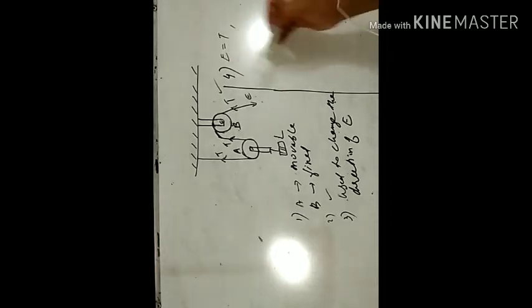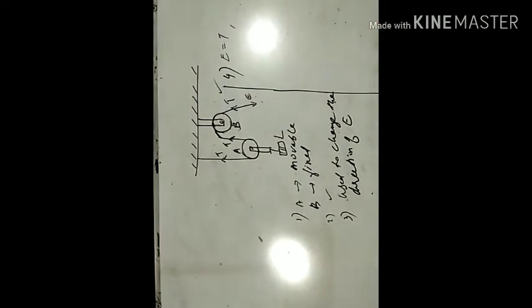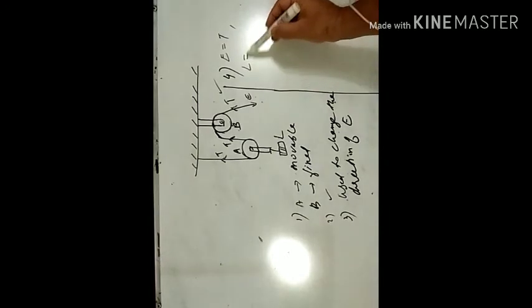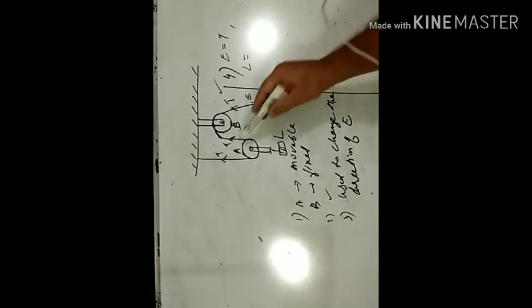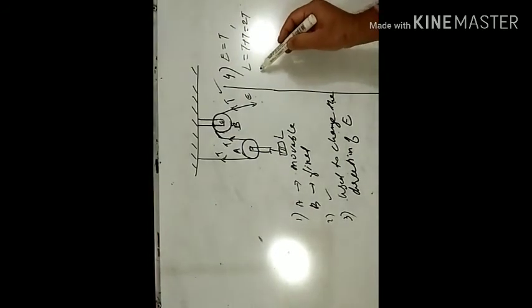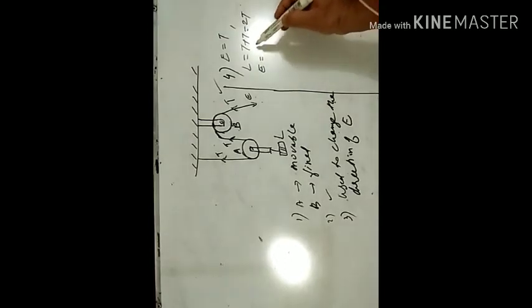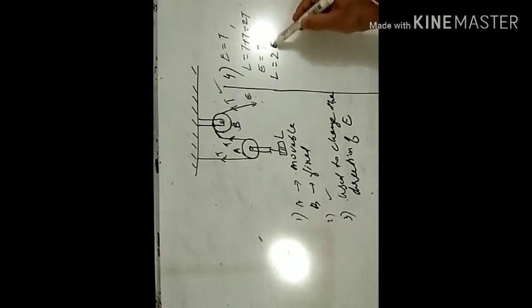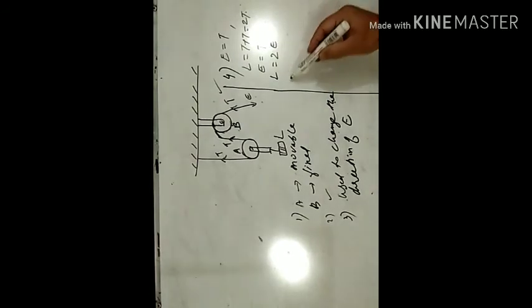Then what is the relation between E and L? Effort and load. Load L is balanced by the tension acting on the two segments, that is T plus T, equal to 2T, and effort is equal to T. So we can write L is equal to 2E because T is equal to E. Therefore effort is equal to L by 2.